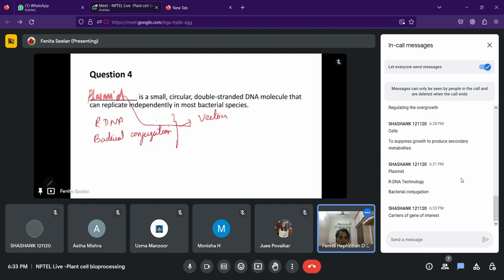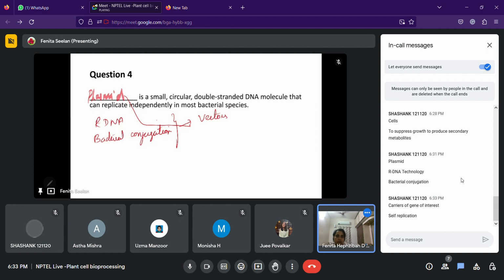So what qualities do you require in a vector? If you want to select a plasmid as a vector, what qualities will you look into? Self-replicating. Okay.